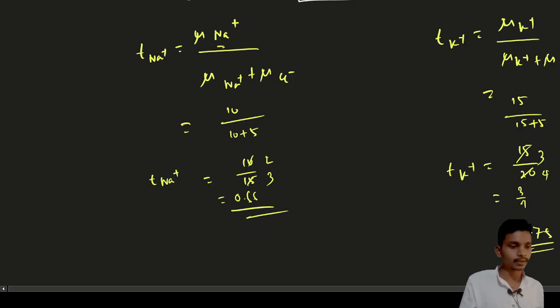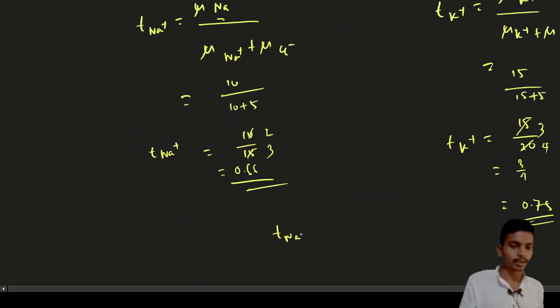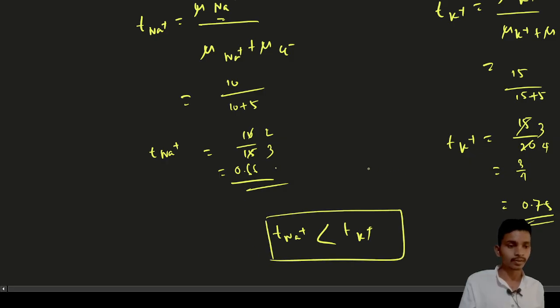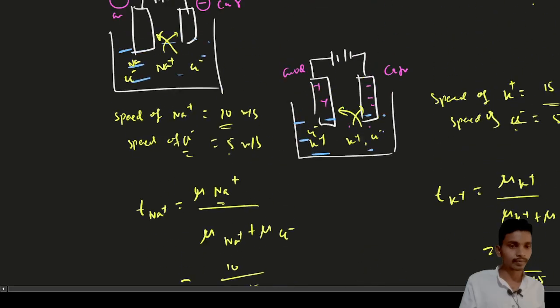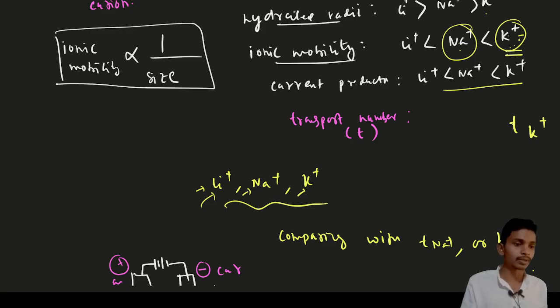So we see that the transport number of K+ is greater than the transport number of Na+. Similarly, if the ionic mobility of K+ is more, then the transport number of K+ is also more, and it is also more than the transport number of Li+.